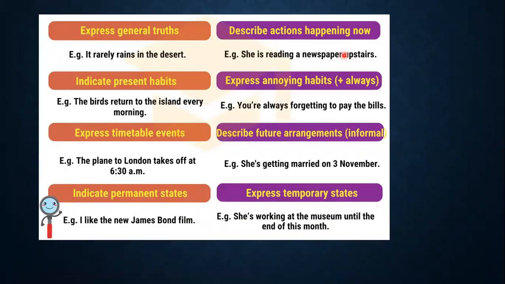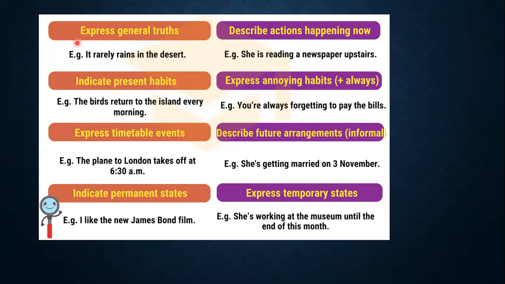Express general truths, it rarely rains in the desert. Indicate present habits, the birds return to the island every morning. Express timetable events, the plane to London takes off at 6:30 a.m. Indicate permanent states, I like the new James Bond film. Como vemos en el simple present, ¿verdad? En el presente simple, expresa datos generales.